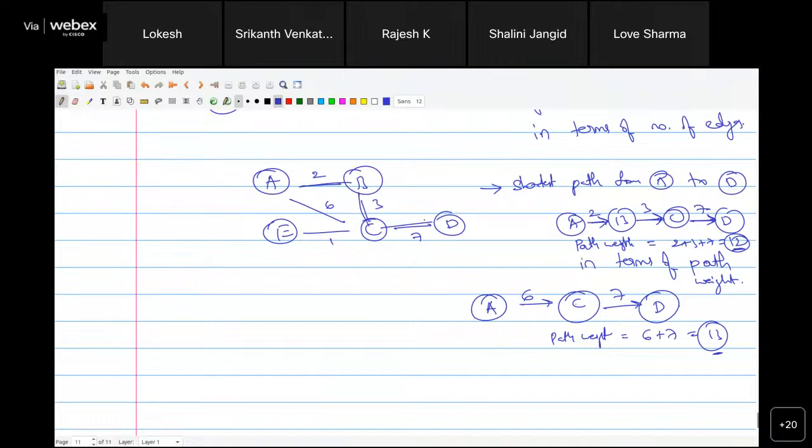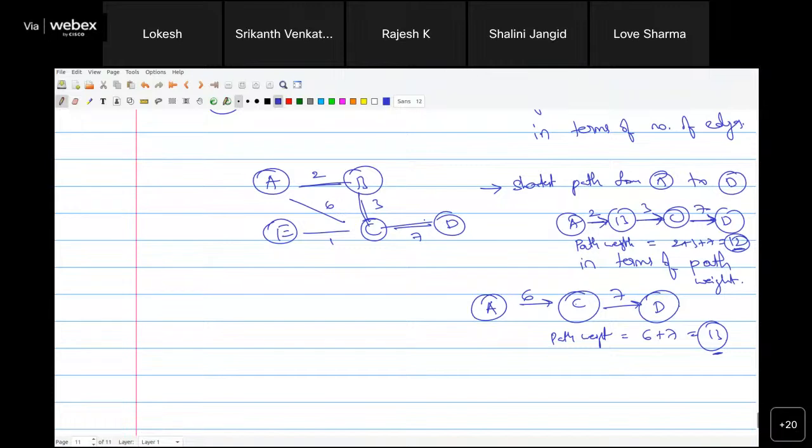If there are no weights assigned to the graph, then the shortest path will be in terms of number of edges. But if the weights are assigned, we will compute the shortest paths in terms of path weights.